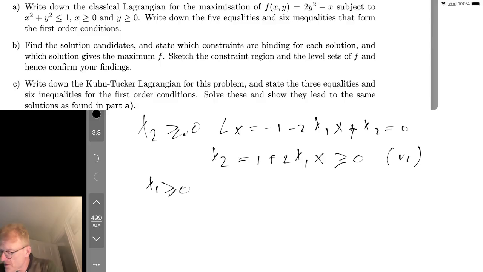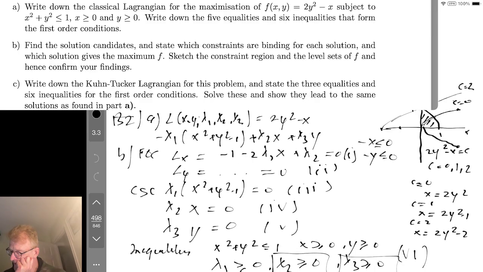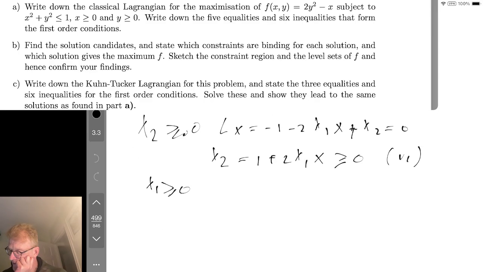So lambda 2 needs to be bigger than 0. We also had x bigger or equal than 0.